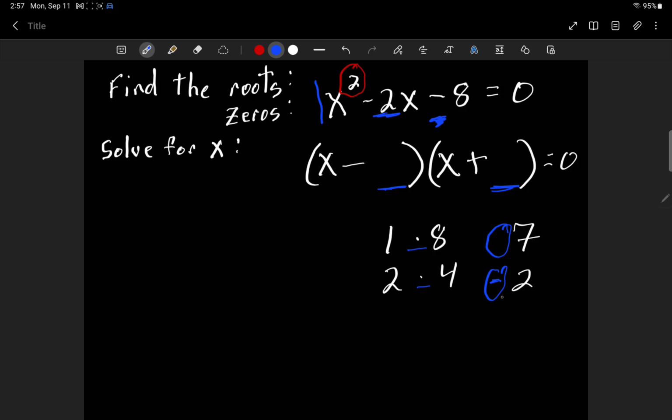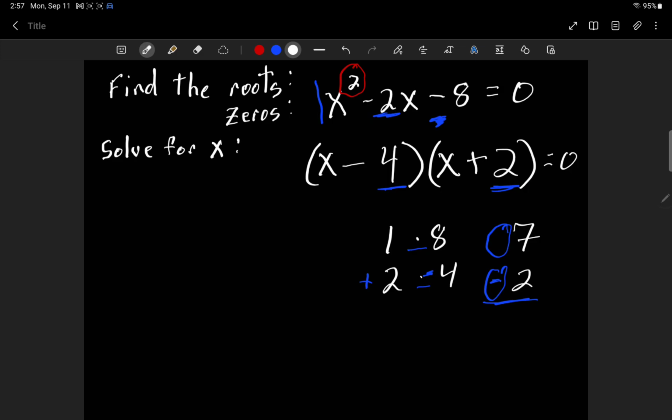So I want to make it look like this. So my negative has to go on my 4, and then the 2 would be positive. 2 minus 4 is going to be negative 2, and positive 2 times negative 4 is going to equal the negative 8 that I have. So that means the negative sign goes here, the 4 goes here, and the 2 goes here.